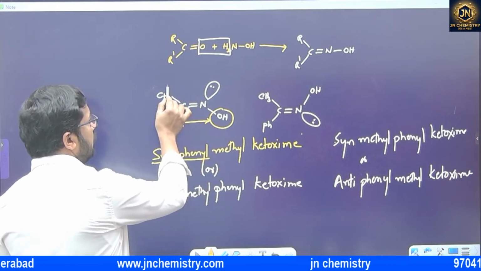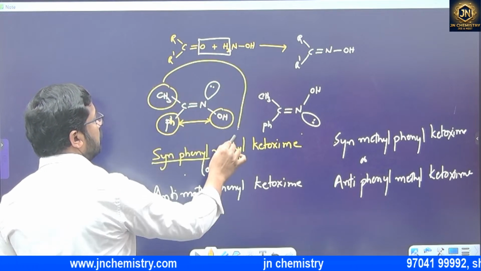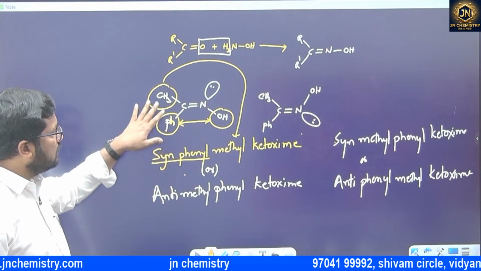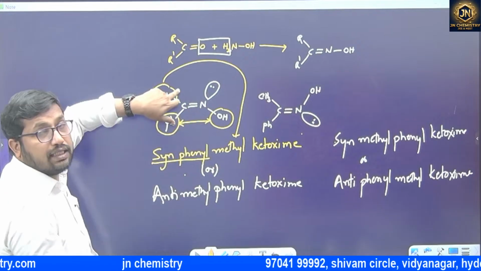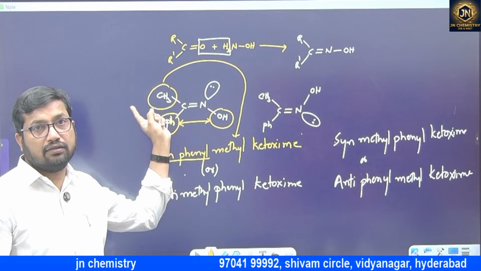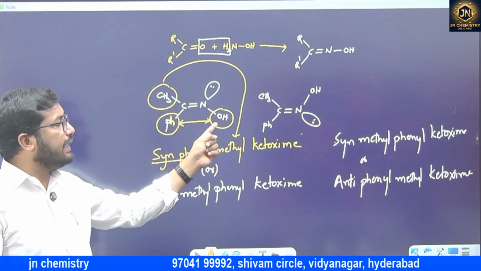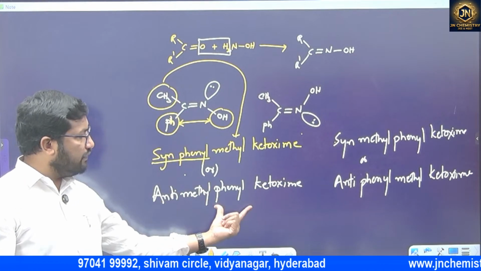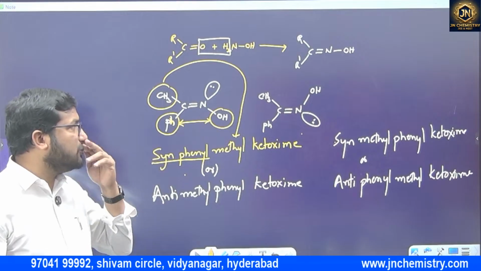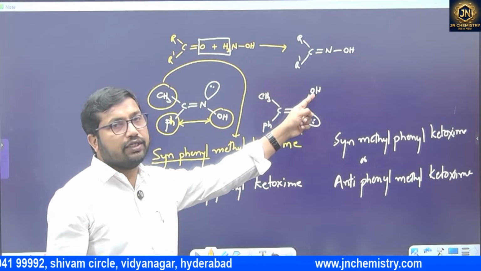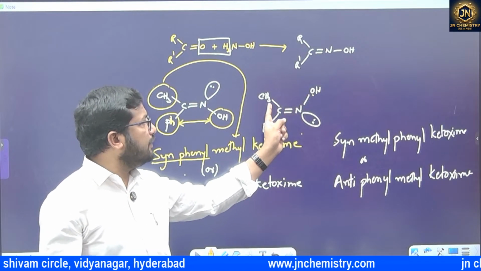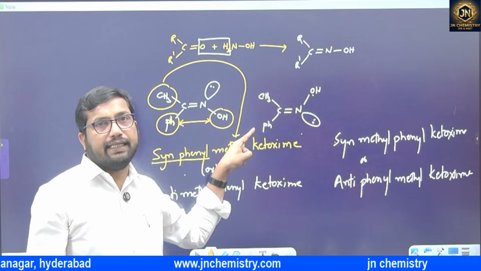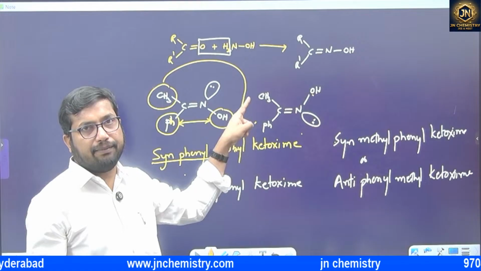Syn-phenyl methyl ketoxime. Otherwise, the CH3 is opposite to OH, so it is anti to OH: anti-methyl phenyl ketoxime. Same thing: if CH3 is on the syn side, syn methyl phenyl ketoxime. Otherwise, phenyl is on the anti side: anti-phenyl methyl ketoxime.